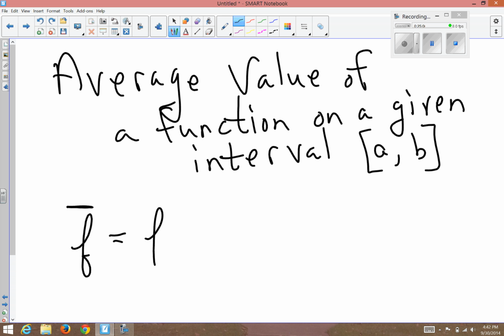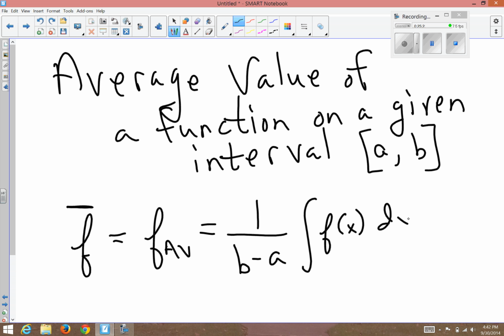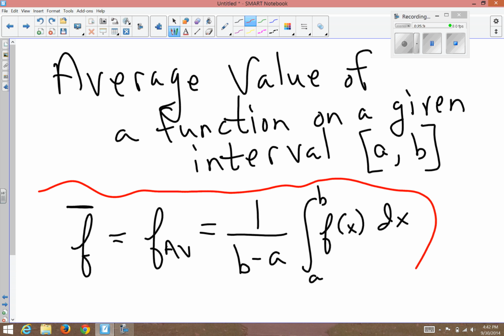Some people use f with an AV subscript. It's always 1 over b minus a, these numbers would be given, this interval, times the integral of the function dx from a to b. So a formula to know by heart: F bar, 1 over b minus a times the integral of the function from a to b.